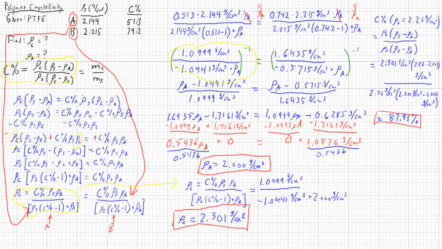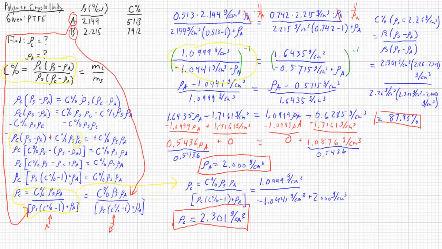To sum up, we use two sets of experimental data, and knowing our formula for percent crystallinity, we were able to create an expression for the density of the crystalline component, and we used that twice, plugged these values in to those expressions, set them equal to each other.